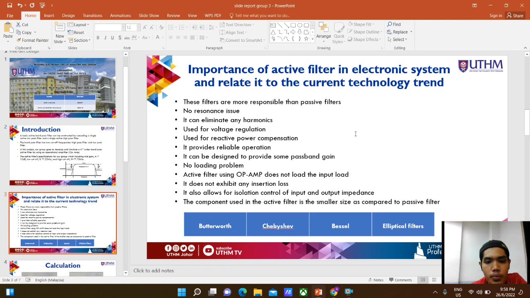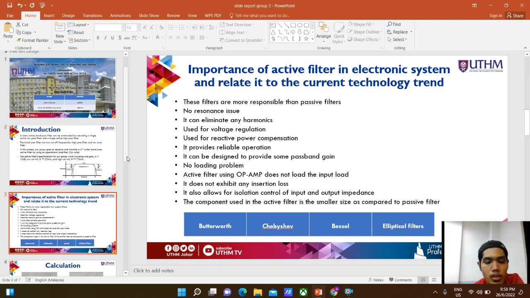Active filters using op-amps also do not load the input. Active filters have four types relevant to current technology, which are the Butterworth, Chebyshev, Bessel, and elliptical filters.